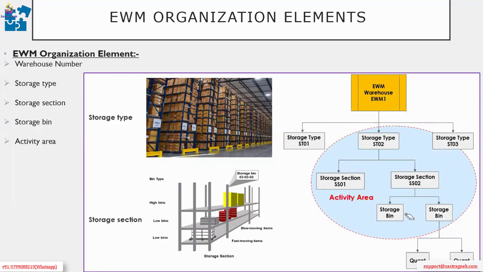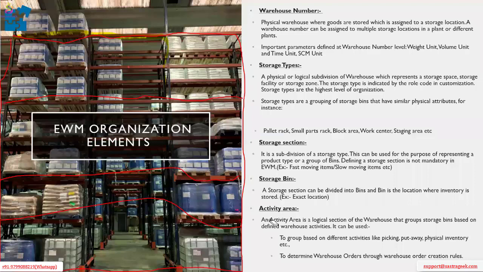Now after the storage section we have something called a storage bin. Bin is the location where our stock is getting stored, an exact location.